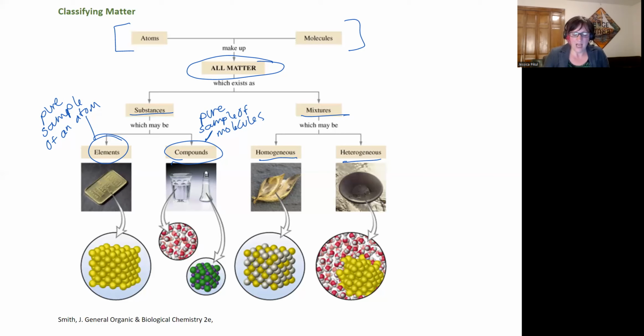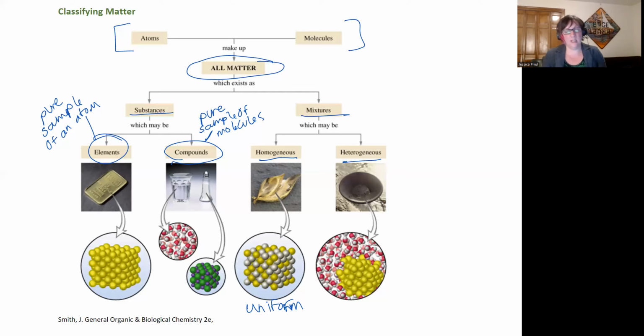Huge words, right? Homogeneous just means that everything is uniform, that it looks the same. If I was looking at a mixture, I wouldn't be able to pick apart the different components visually or in any other way. It's all going to be mixed perfectly together.